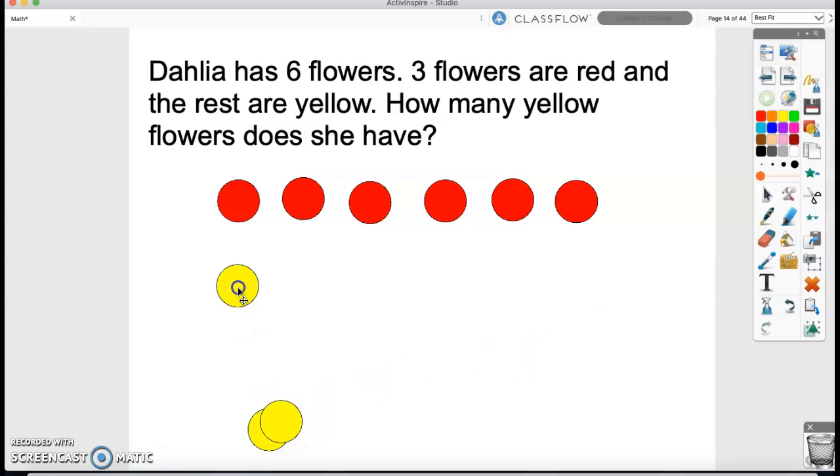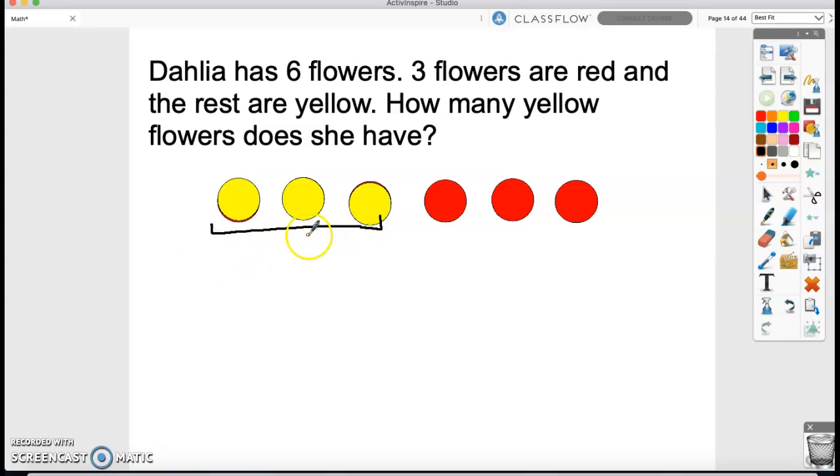So I'm going to put 3 flowers that are going to be my red. And remember, it doesn't make a difference what colors we're using. It just makes a difference that you know what they stand for. So I'm going to label these the red flowers.